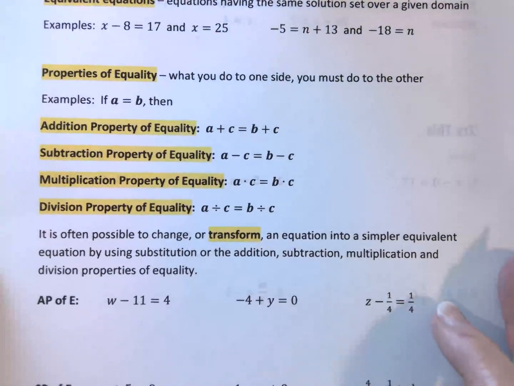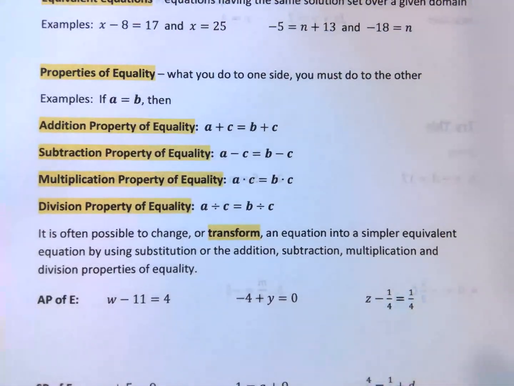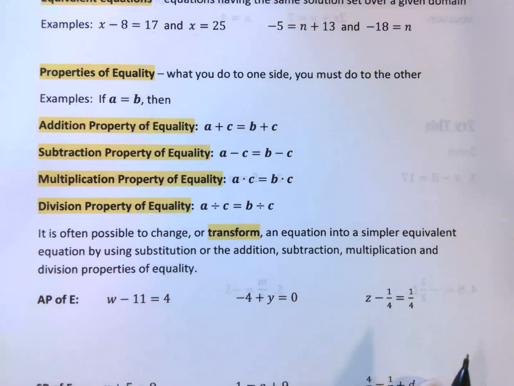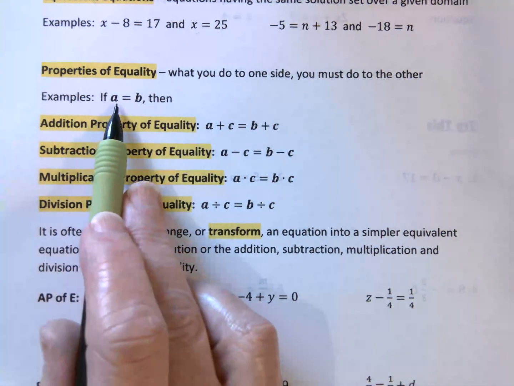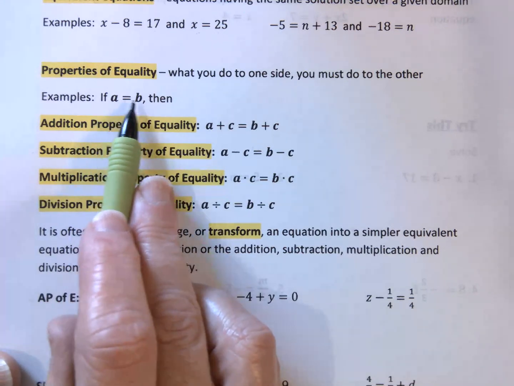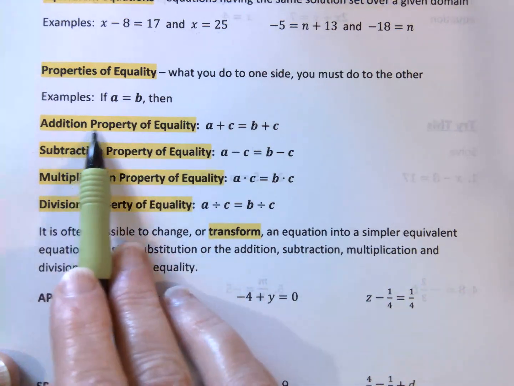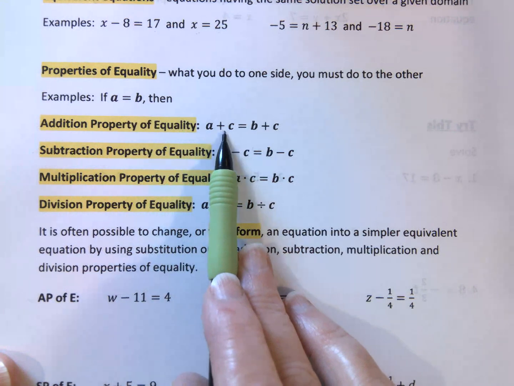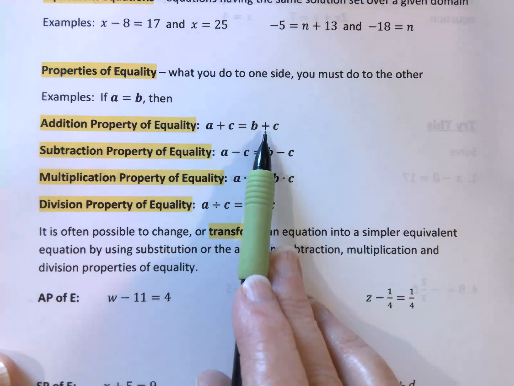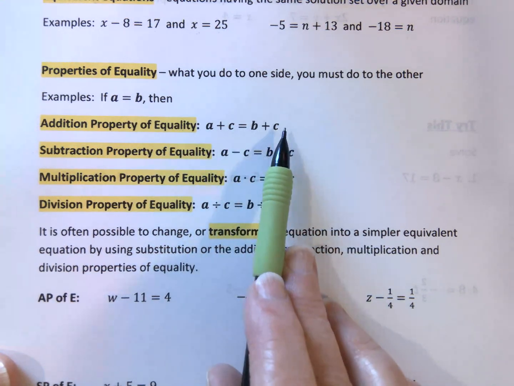Properties of equality are the properties that allow us to solve equations. The main thing you need to know about properties of equality is that what you do to one side, you have to do to the other. Okay, so here's some examples. If a is equal to b, so these two sides are equal, the addition property of equality says I can add the same thing to both sides and it'll still be an equation, it'll still be equal.